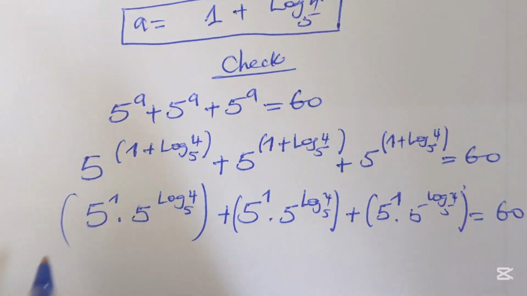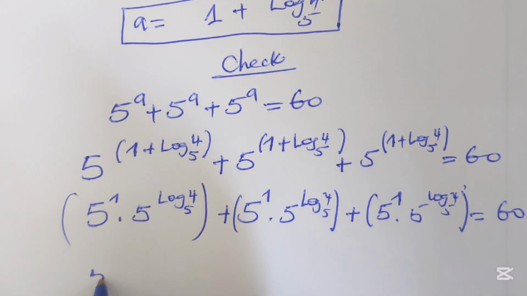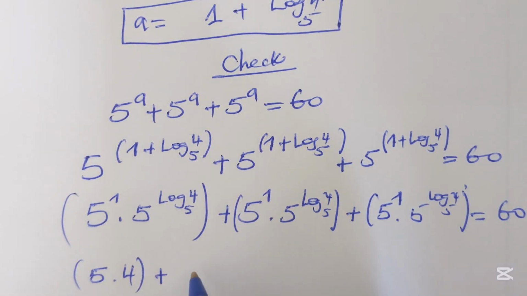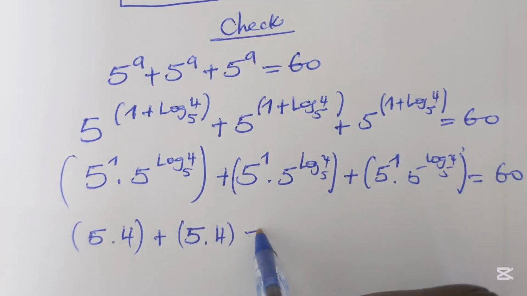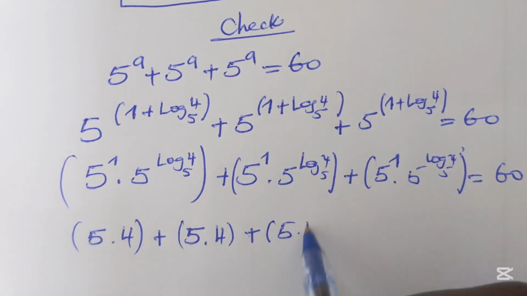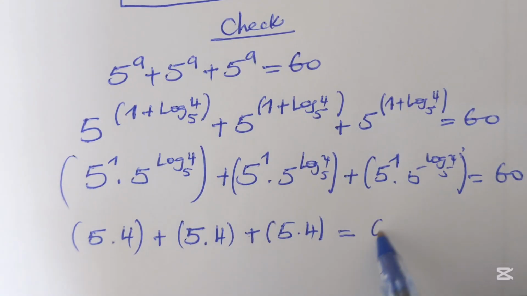Okay, then here we shall get 5 times 4, plus 5 times 4, and here plus 5 times 4 equals 60.